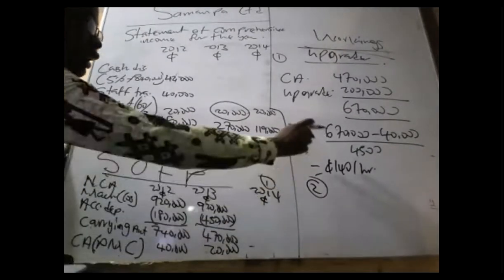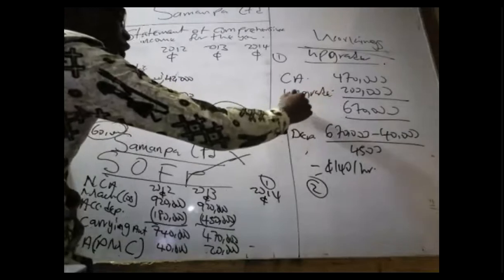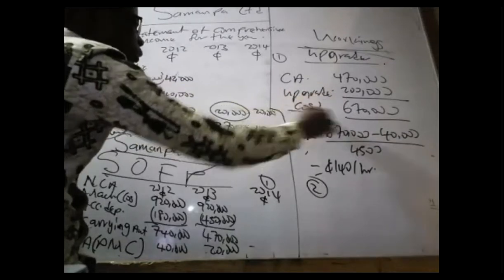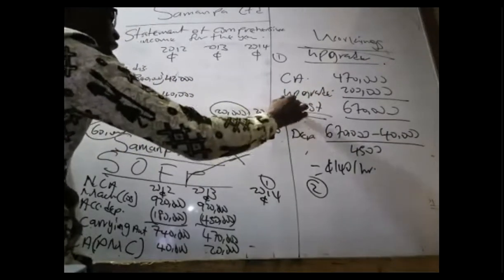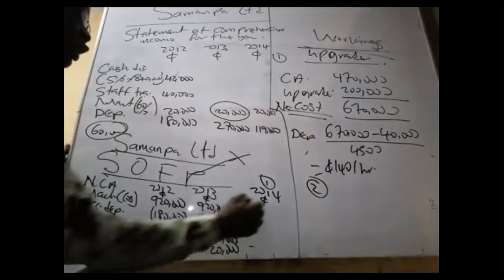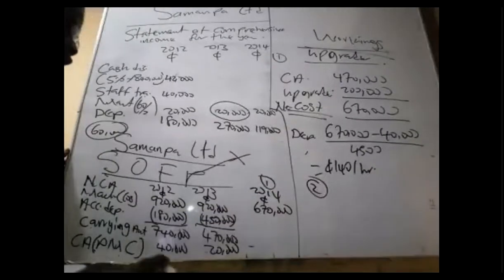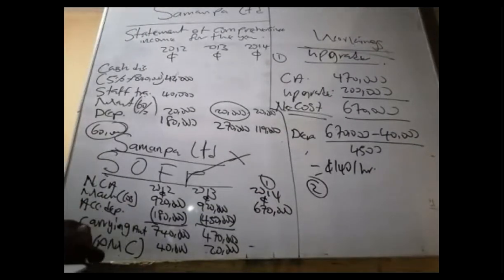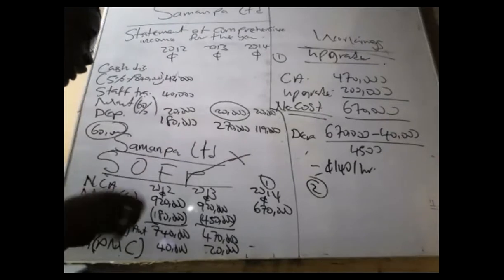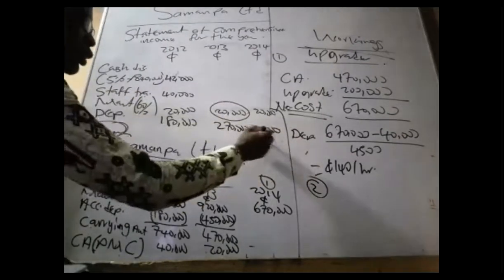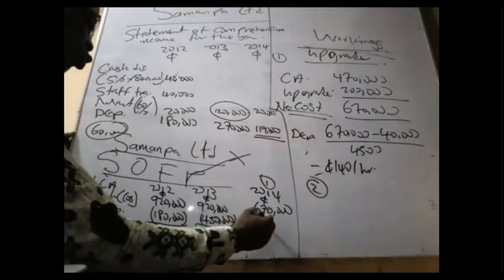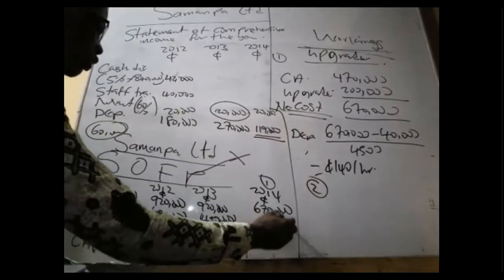I will pick the new carrying amount, or the new cost. This becomes the new cost. From hence going, the new cost of the asset is 670, so I'll put 670 here. What is the accumulated depreciation? Now, the accumulated depreciation is only the depreciation charge for that particular year, which is 119,000.